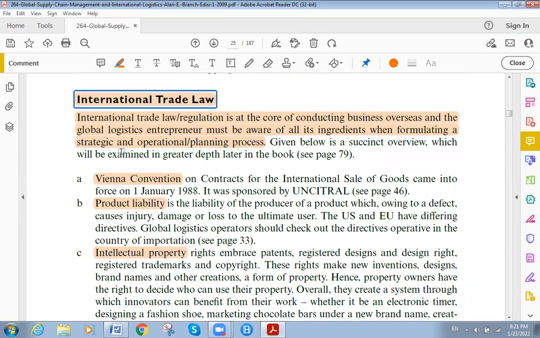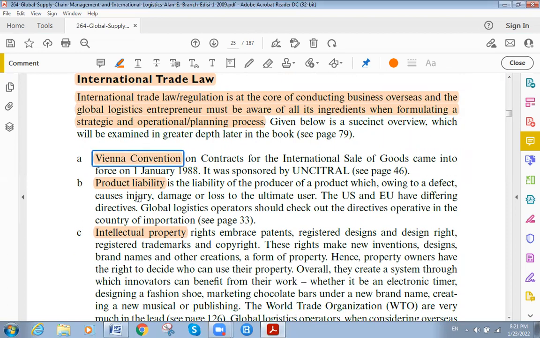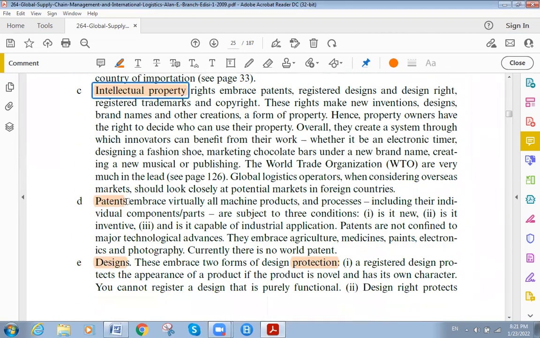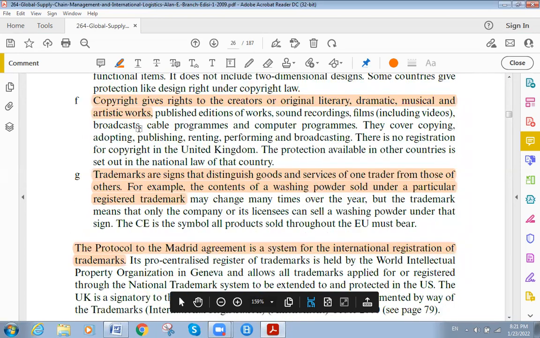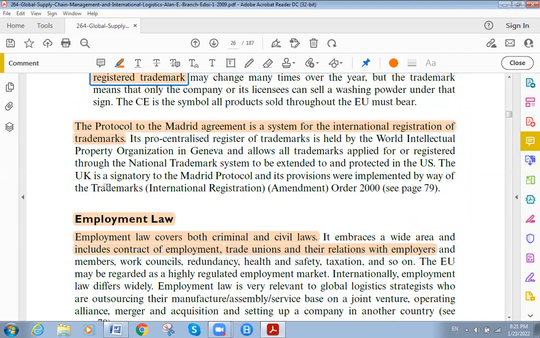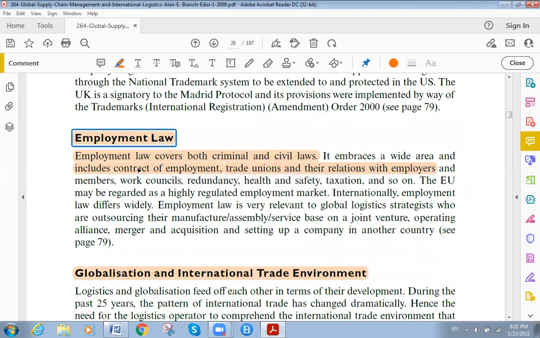Also, he must know about international trade law, at least the Vienna Convention, product liability, intellectual property, the patents, and the designs. He should know about the copyrights, the trademarks, and the Madrid protocol. He should know also about employment law, as we said before, because this means he must know both the criminal and the civil law.